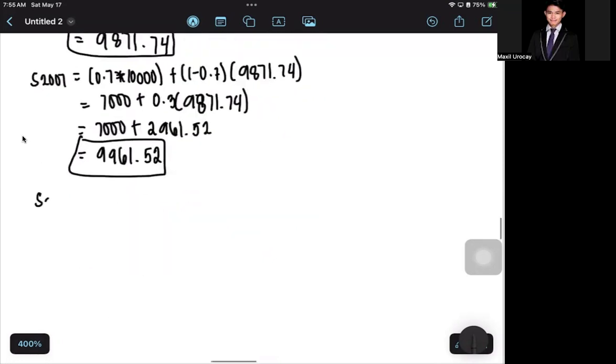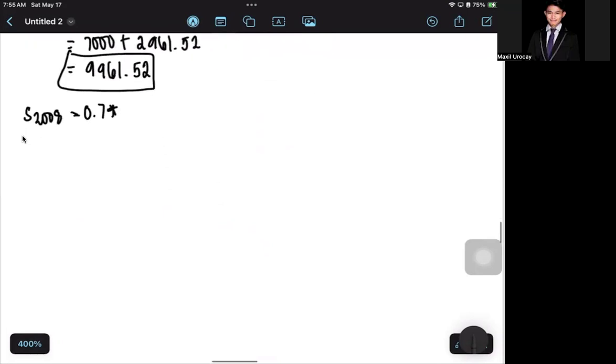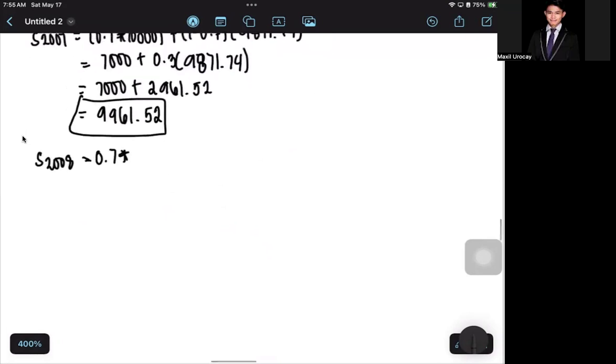And for 2008, you have to continue with the same process, since you don't have a current data. So you will just use the data for 2005. That's how we organize this one. Then 1 minus 0.7. This is the same thing.